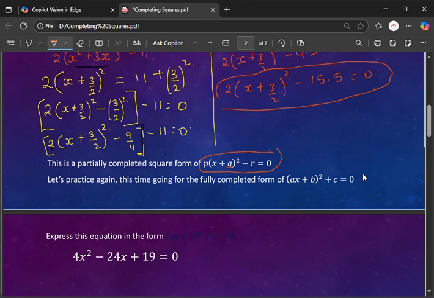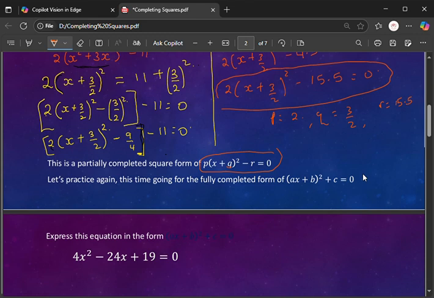If this was a plus, then r will be negative 15.5. Does that make sense? So in this case, p is 2, q is 3 over 2, and r is 15.5.